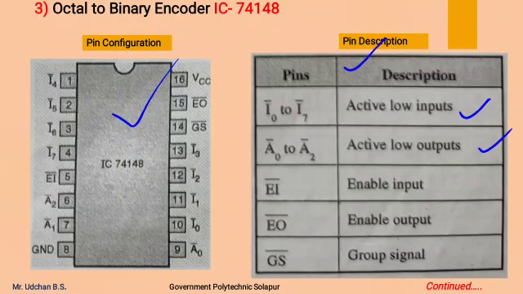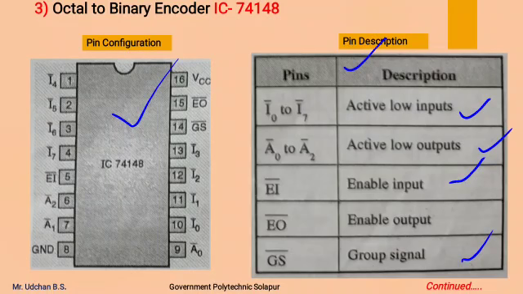EI bar is the active low enable input terminal. If EI bar is at logic 1, then it will force all the outputs to become high, that is inactive. This feature can be used to allow some time for the new input data to settle down. GS bar is the group signal output.